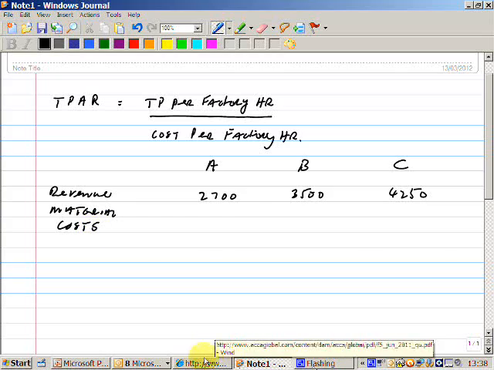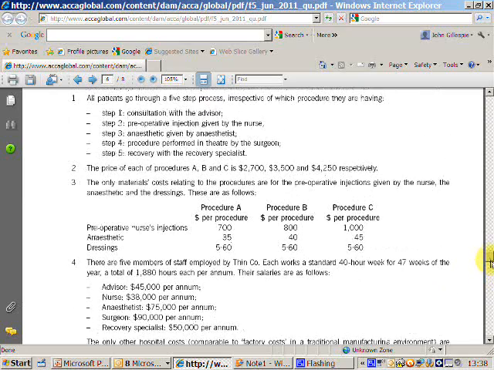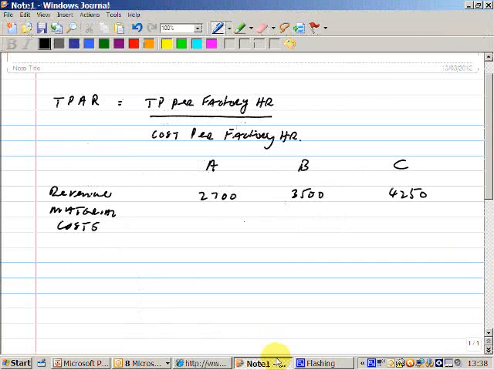Just looking at the question here, you can see this section shows the material costs. I'm going to total all those up in the answer, but you could show them as each individual one.